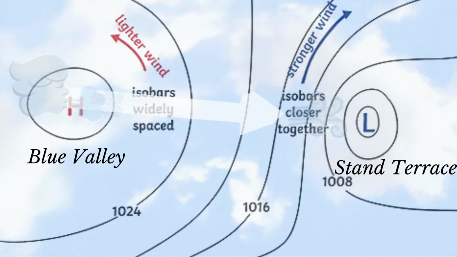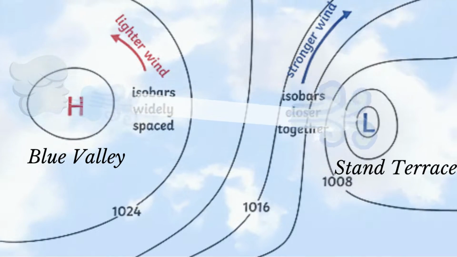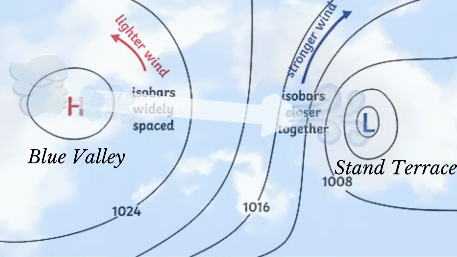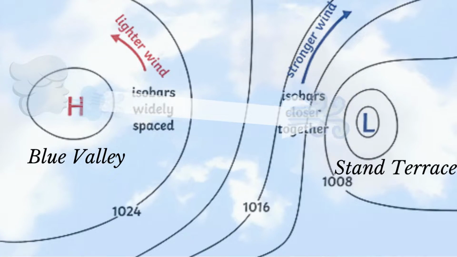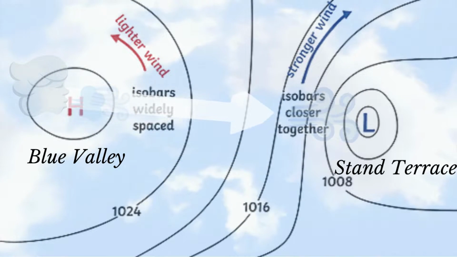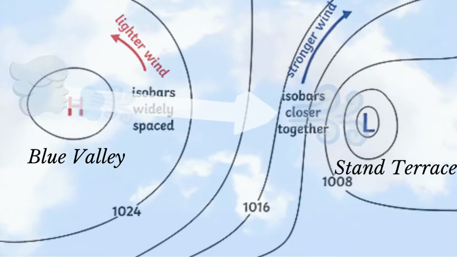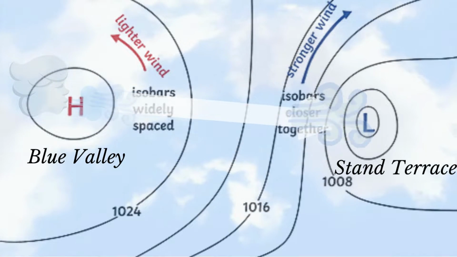So if we observe the map, notice that we have high pressure at Blue Valley and low pressure at Stand Terrace, which means a pressure gradient exists. Air will therefore blow from Blue Valley to Stand Terrace.